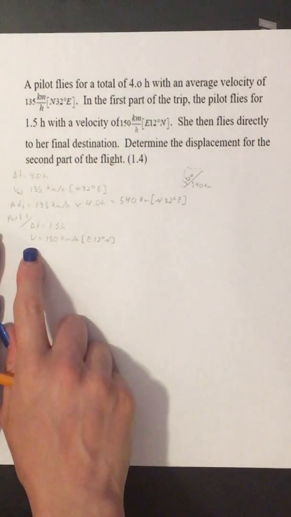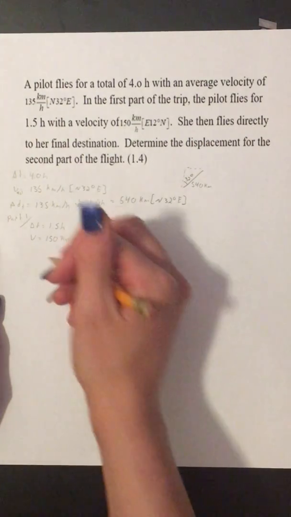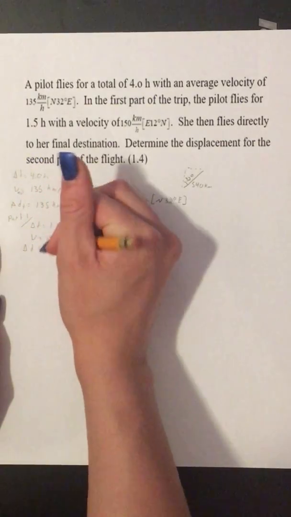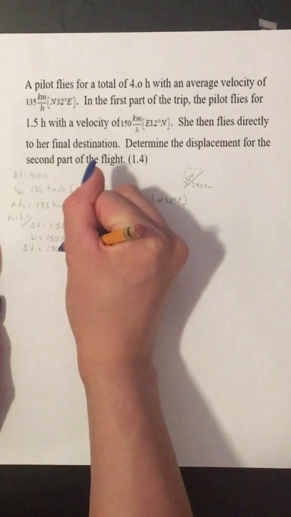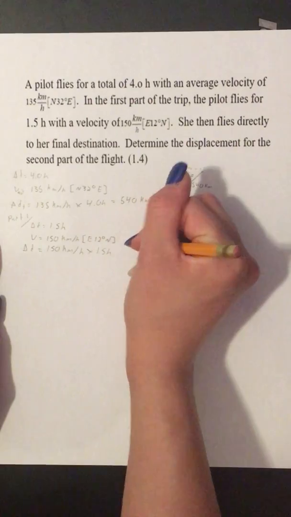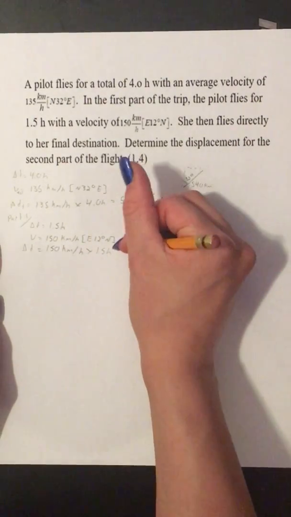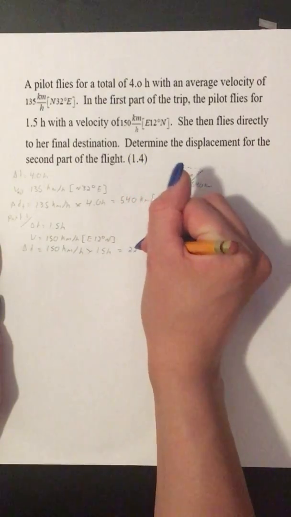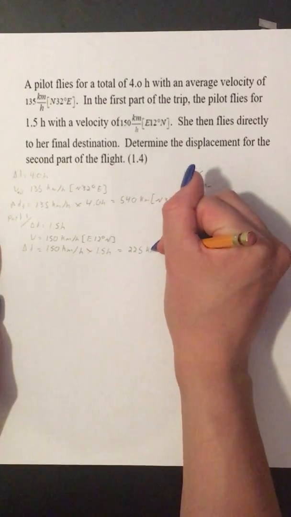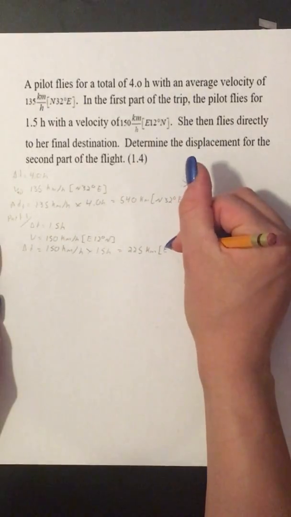Now again, from these we can figure out our displacement for the first part. So we will want that. So we will take the 150 kilometers per hour. We will times that by 1.5 hours to get rid of the hours, so leave it just in kilometers. And this equals 225 kilometers. And then again, we need to keep the angle from our velocity.